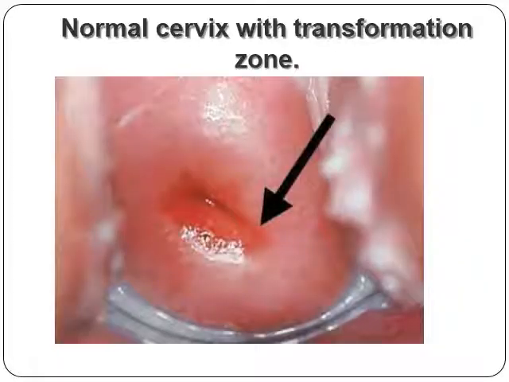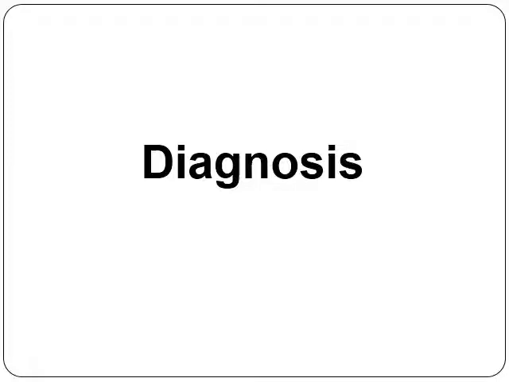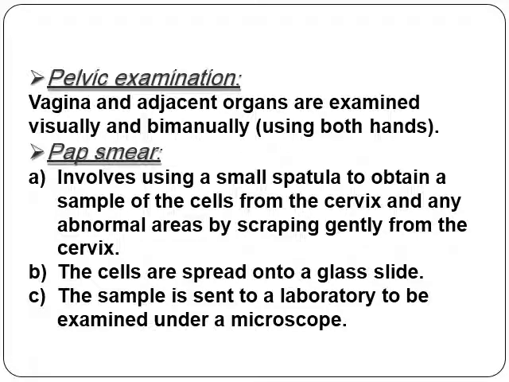This is real life. You can see the red area is the columnar epithelium, and the surrounding pink area is the transformation zone.